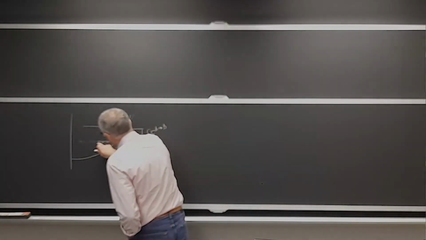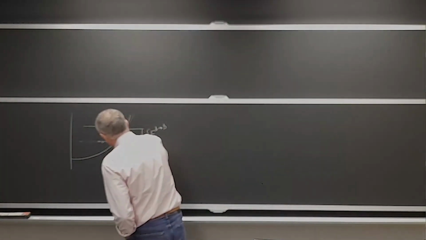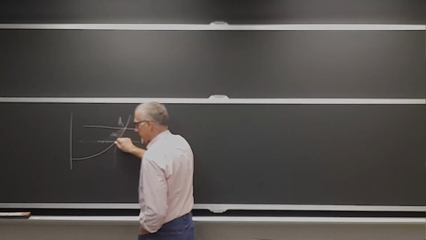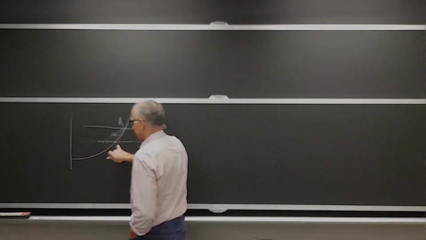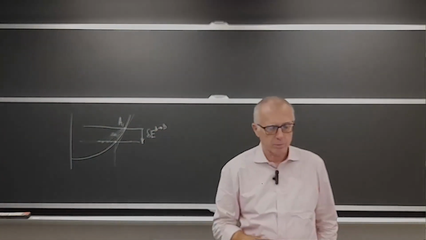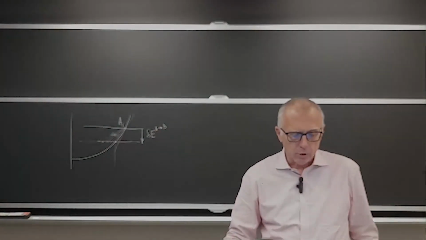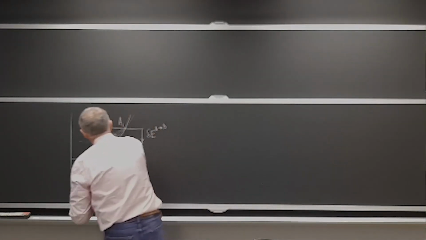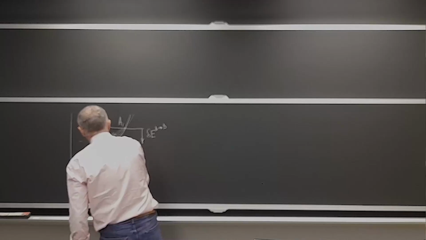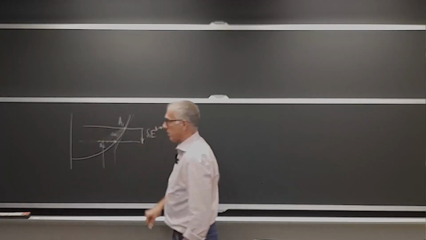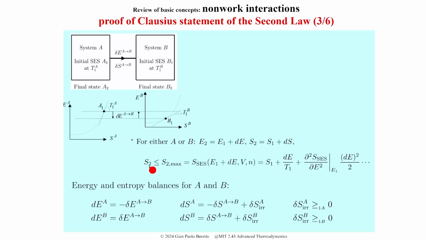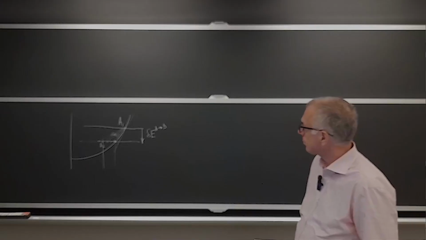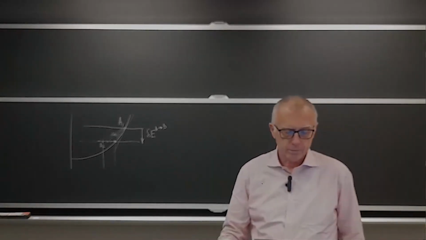What I know is that the stable equilibrium state for the new value of the energy is the one that has the highest entropy. So again, maximum entropy principle. So the entropy S2 of state A2, suppose that's this one, is less than the maximum entropy corresponding to that value of the energy, which is the entropy of the stable equilibrium state corresponding to the new value of the energy.